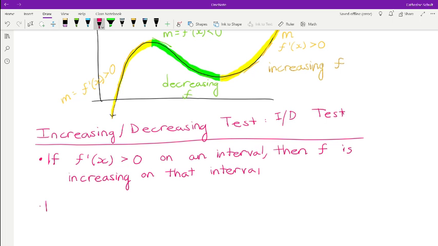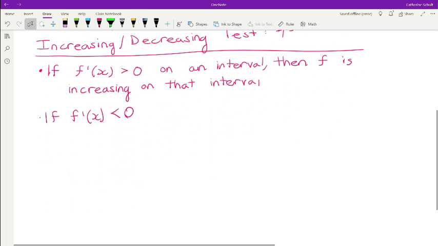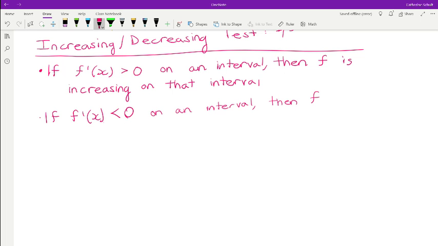And likewise, if the derivative is negative, then f is decreasing. All right, the ID test. So let's look at an example.